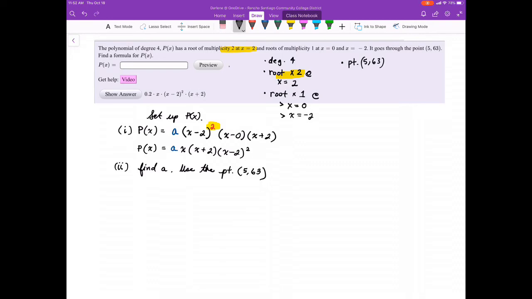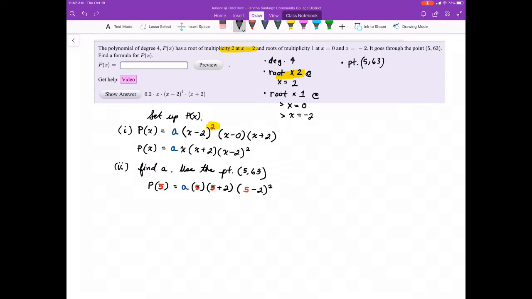If I'm given the point (5, 63), this means that p of 5 is equal to a times 5 times 5 plus 2 and times 5 minus 2 squared.